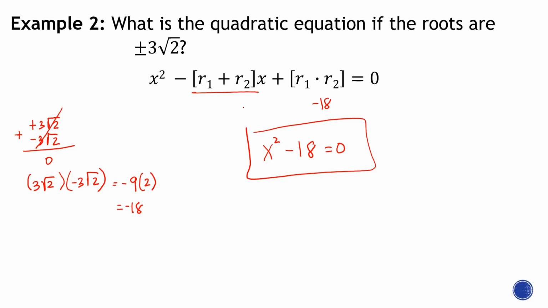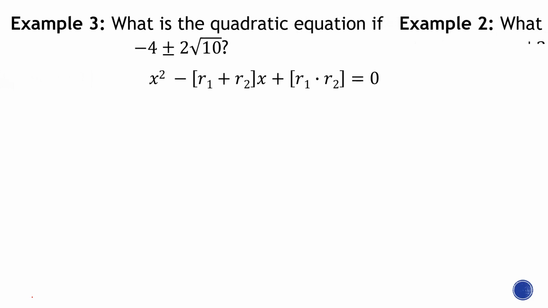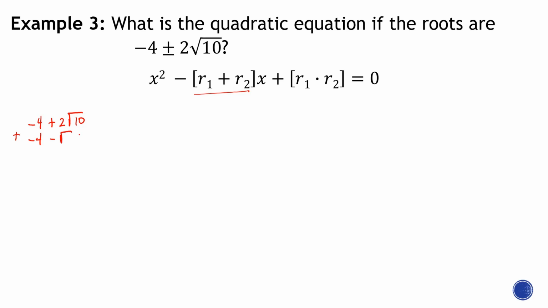All right, let's go to the third example. So let's do the addition first. Negative 4 plus 2 square root of 10 plus negative 4 minus 2 square root of 10.